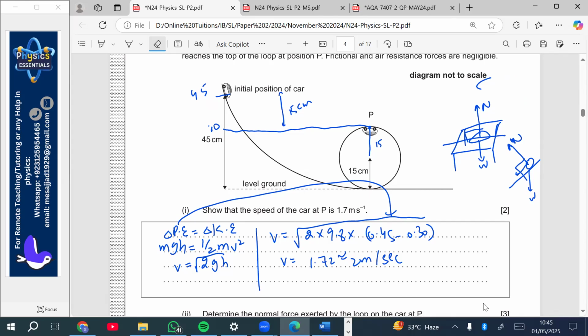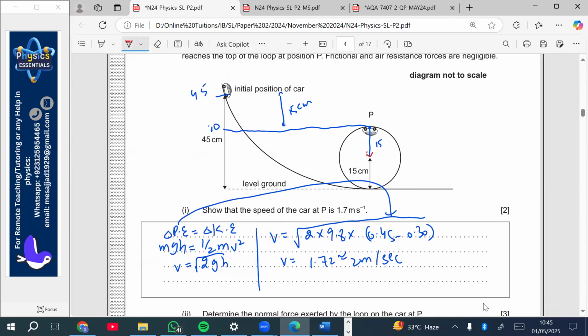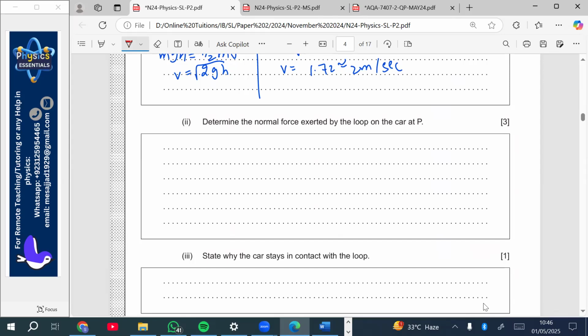So actually the normal depends on your location, and for the car moving in a circular path at point P, you can easily see that the normal force is acting down and the speed at this point is tangent to the path. So we will say that the car's weight and the normal are both in the same direction, and together they give you the required centripetal force.